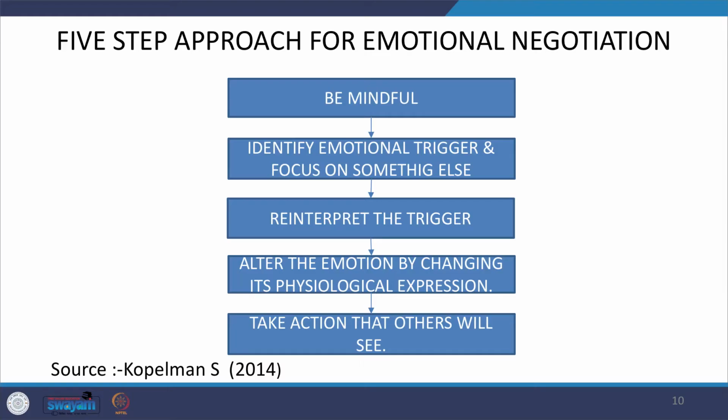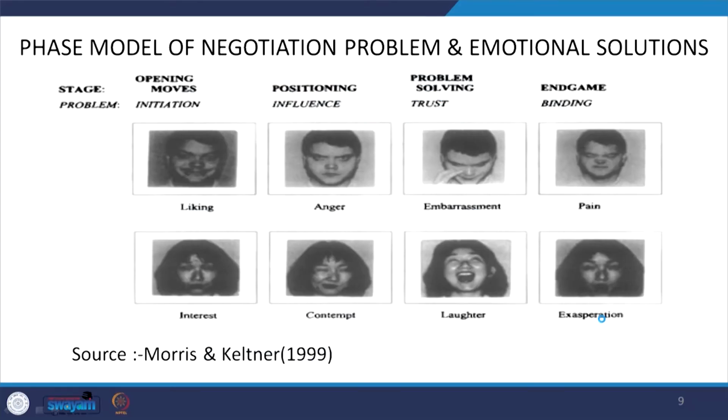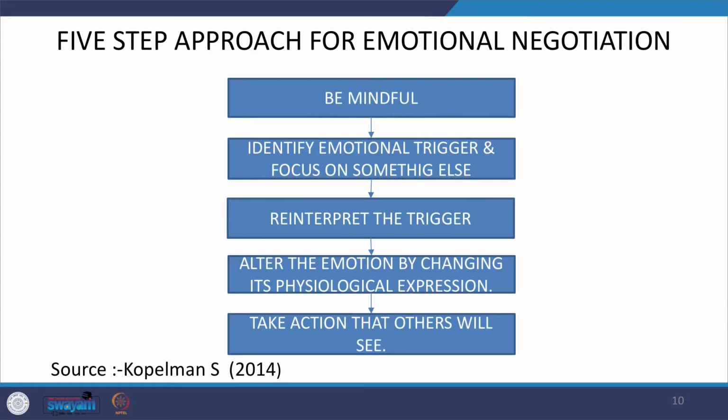After the emotion changes, there is the physiological expression, like here you see, when we talked about the physiological expression. So offer and counter offer are there, and then how do you have this physiological expression. Whenever you are negotiating, whether you are in favor or against, you are representing.